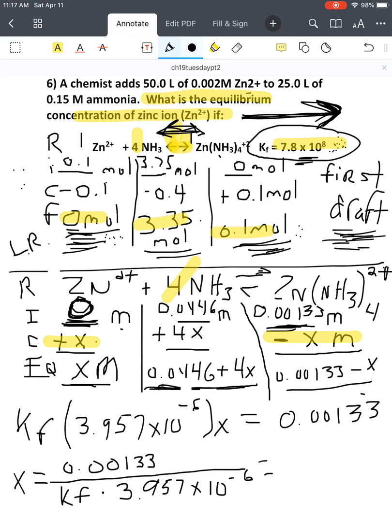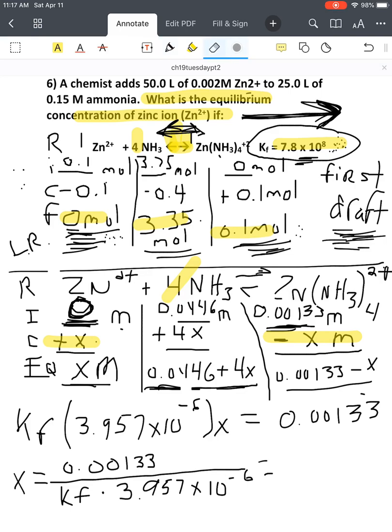So let me look at this denominator here and maybe clean that up a little bit. I'm going to take that 3.957 times 10 to the minus 6, and multiply that by my kf. My kf is, of course, 7.8 times 10 to the 8th. Excuse me.